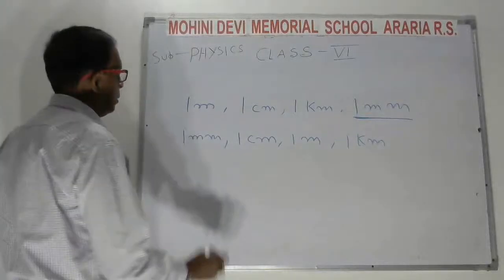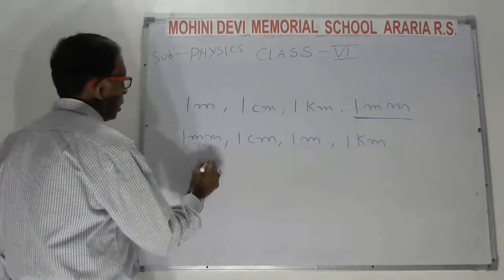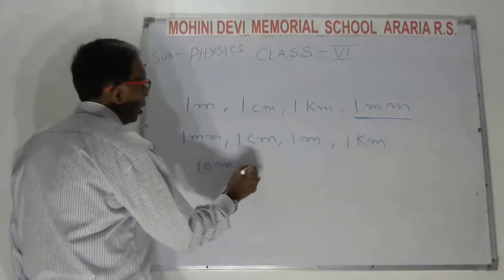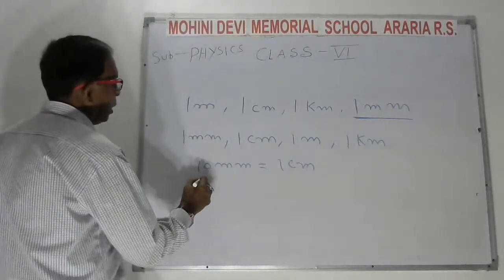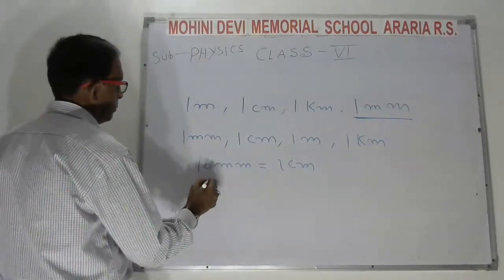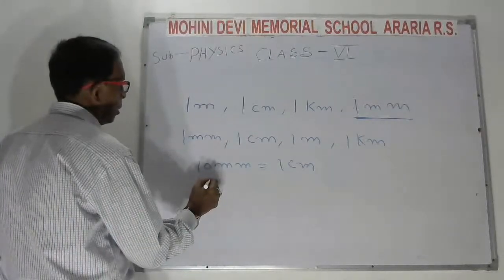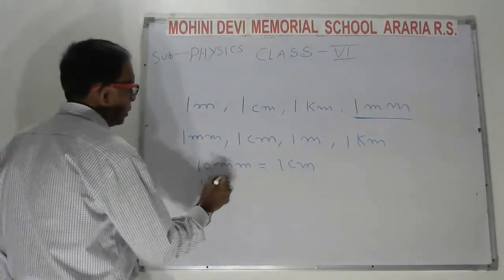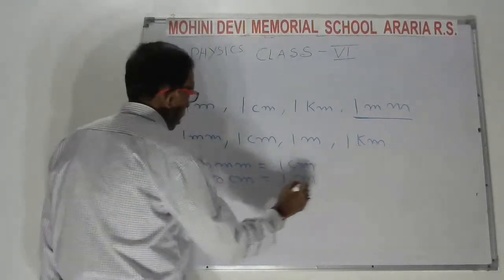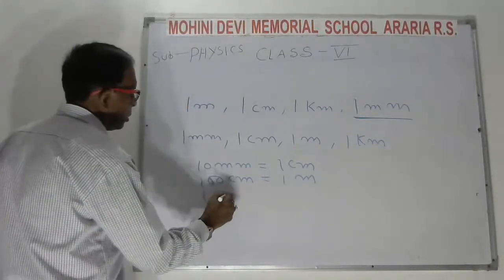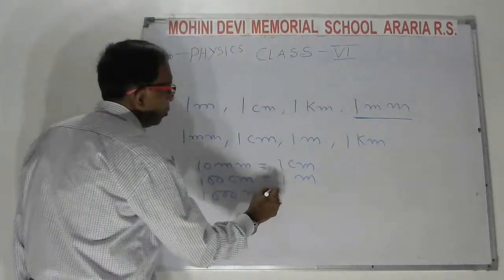Here in the relation, 10 millimeter is equal to 1 centimeter, 100 centimeter is equal to 1 meter, and 1000 meter is equal to 1 kilometer.